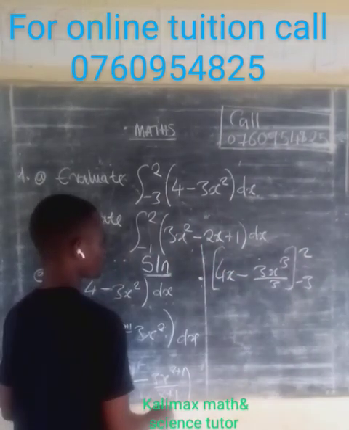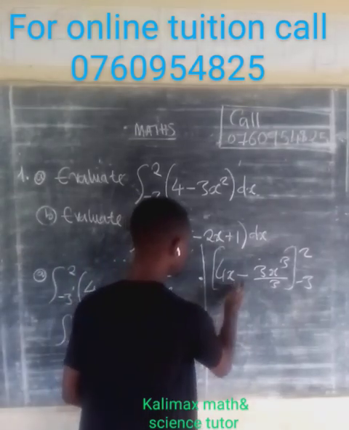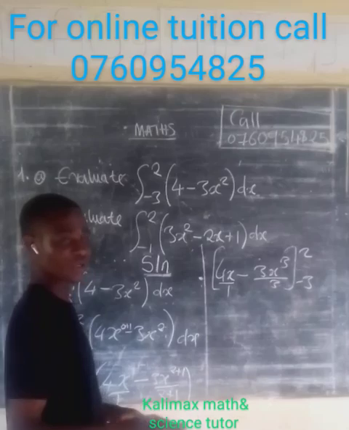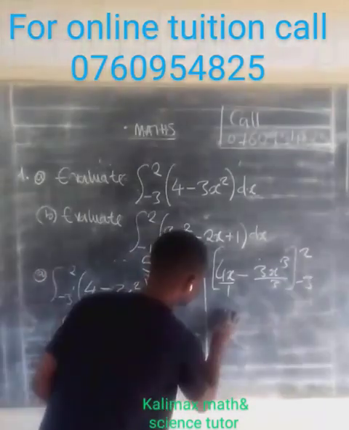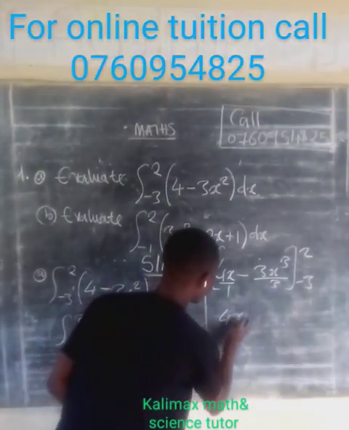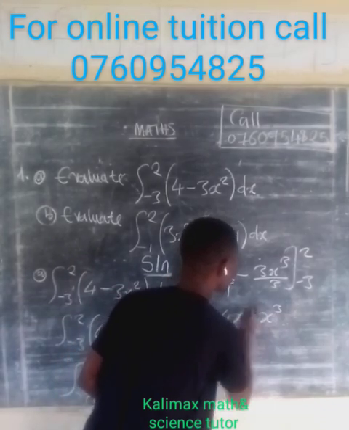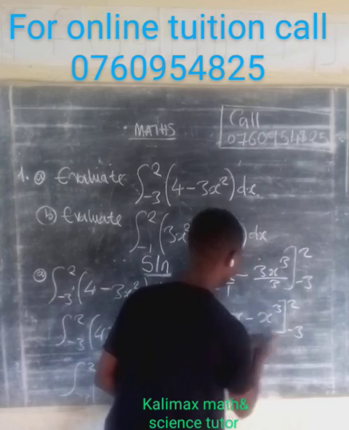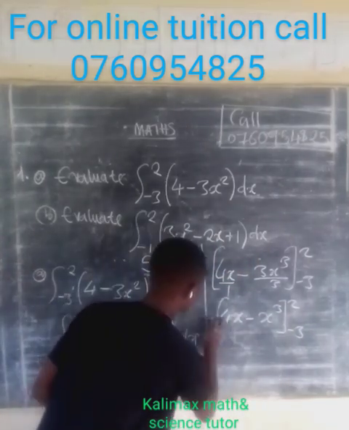So 3 into 3, even here we have 1. If you want, you can write it so that you are not confusing yourself. So we have 4x minus x cubed, with the limits from -3 up to 2.